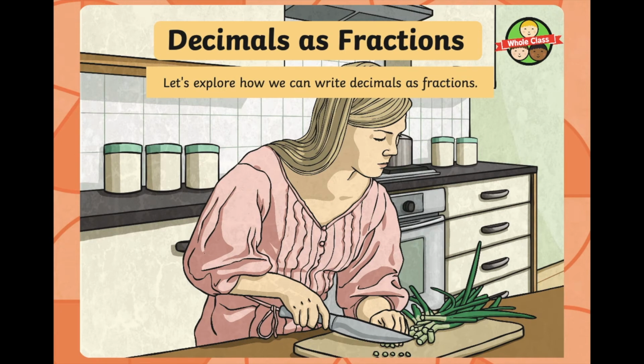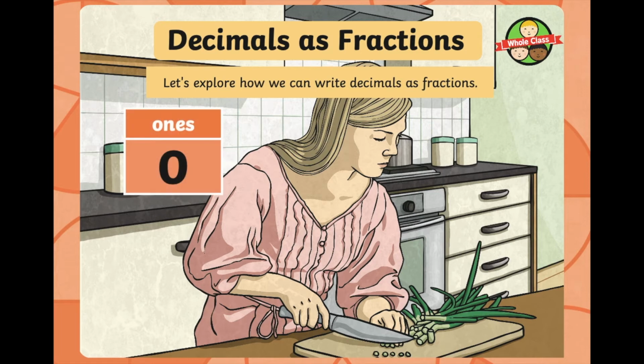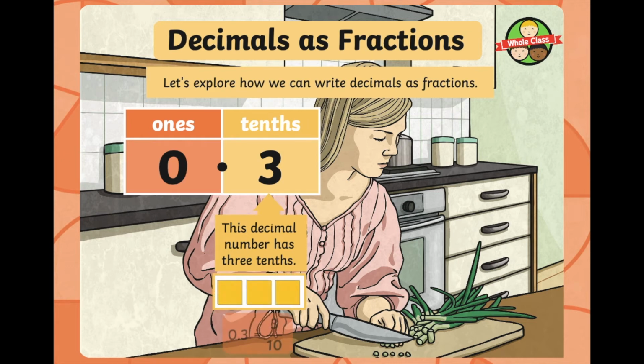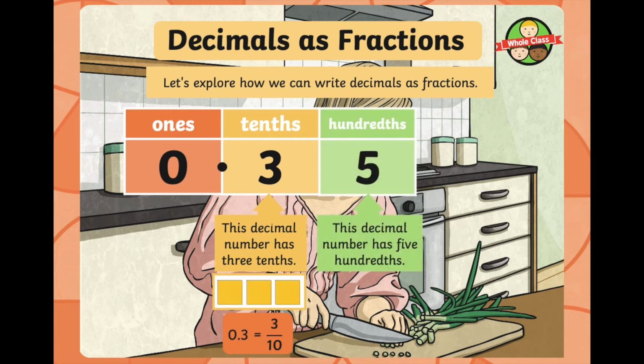And now let's explore how we can write decimals as fractions. So this decimal number has 3 tenths, so we would write it as 3 over 10. It now has 5 hundredths.